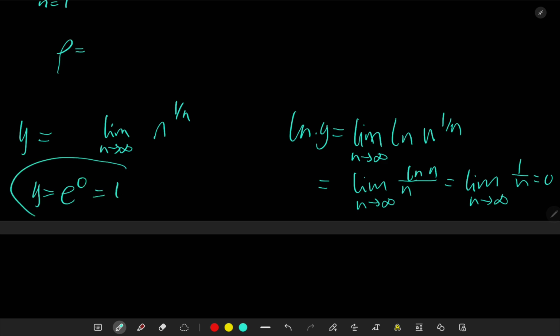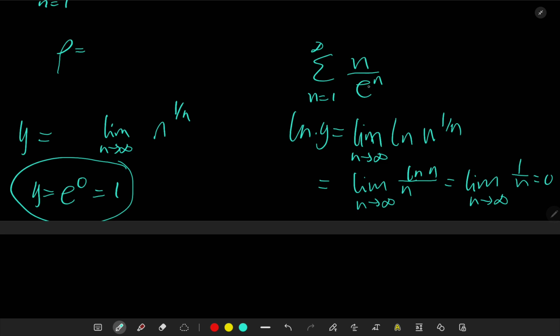So you can do things like that. And of course, if it's just n to the 1 over n, then the root test doesn't give you anything. But if you had something like n over e to the n, then when you do your nth root, the limit of the numerator would give you a 1, but the limit in the denominator is just e, because you get e to the n to the 1 over n, which gives you e.